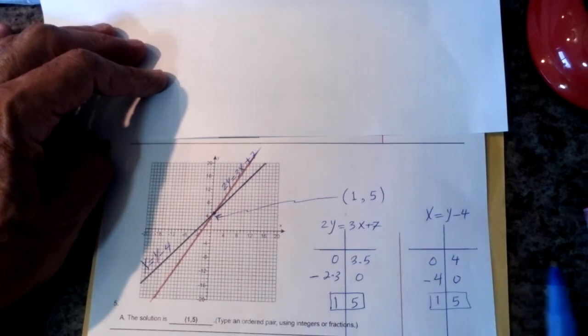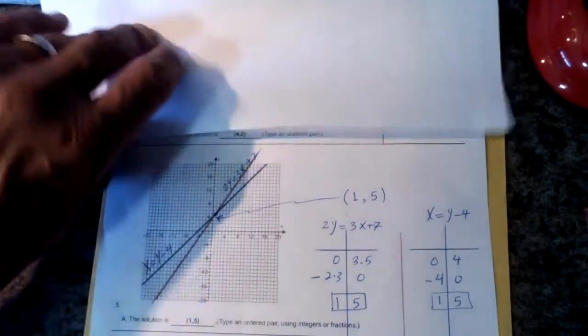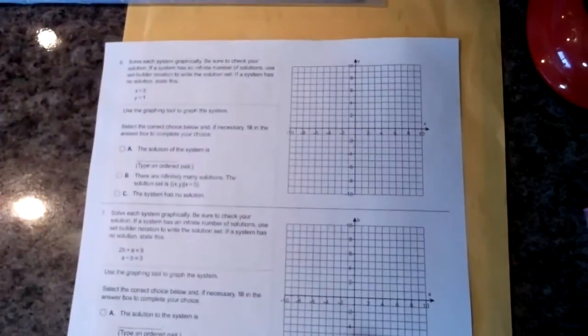When you watch the video, to make a note, you can always pause the video and copy the solution. So that would be number 5, and then we go to the next, which is number 6.